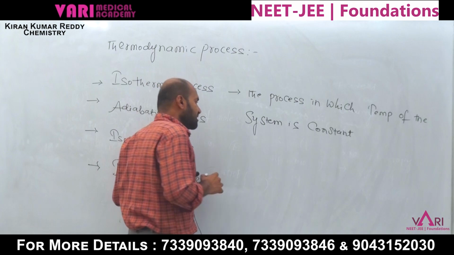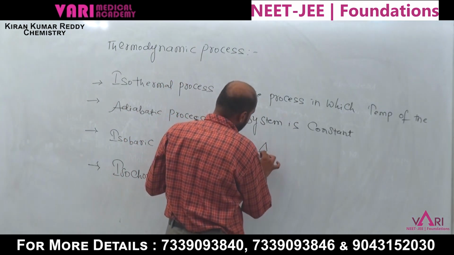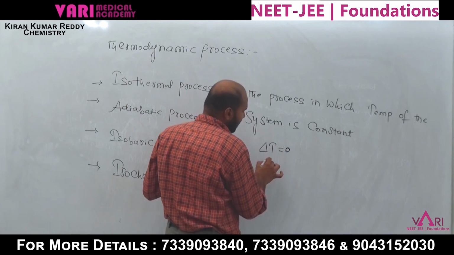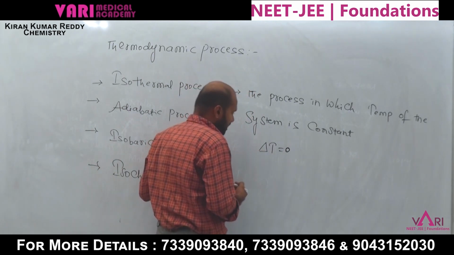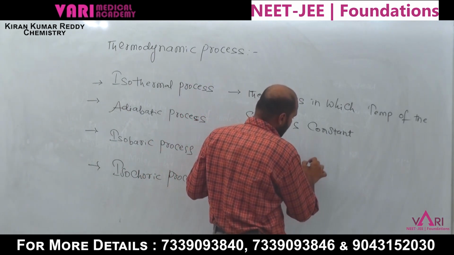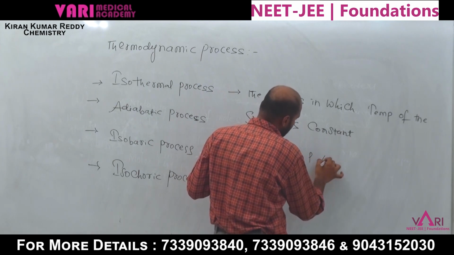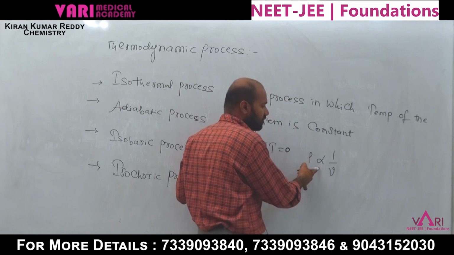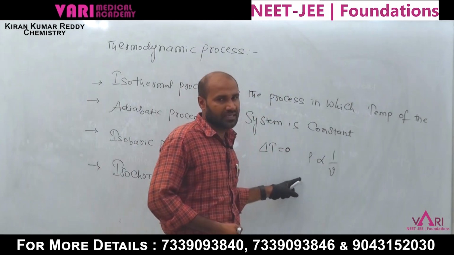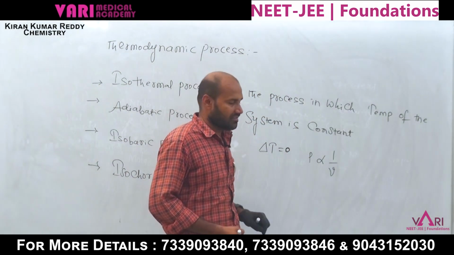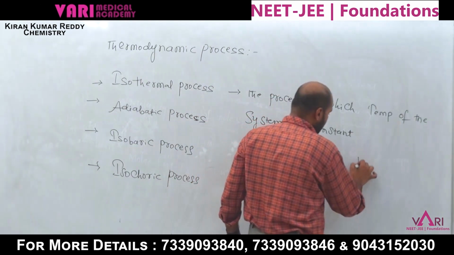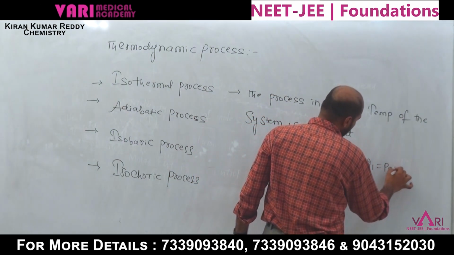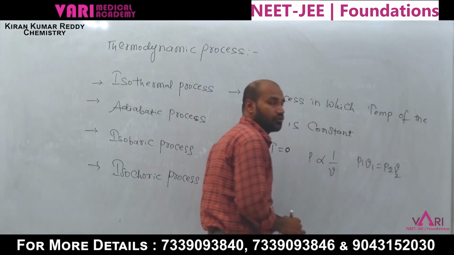If temperature of the system is constant, it means delta T is equal to 0. Delta T constant means pressure is inversely proportional to volume. That is Boyle's law. Now P1 V1 is equal to P2 V2.